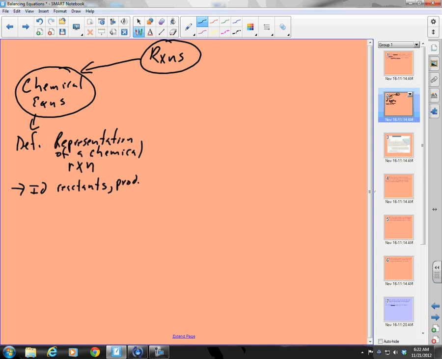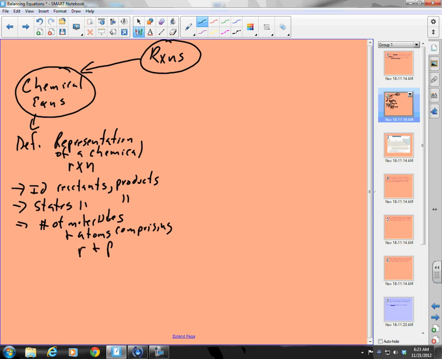What else might we see in a chemical equation? The states of my reactants and products, the number of molecules and atoms comprising my reactants and products.